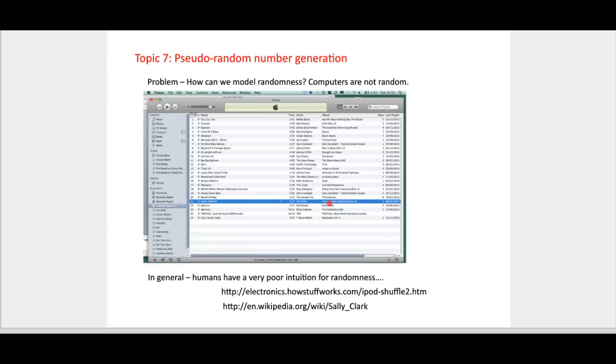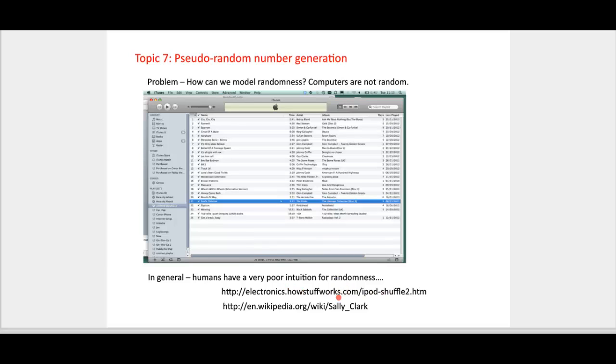That couldn't be random. And of course it is random, because that kind of structure appears all the time in everyday life. There are coincidences. You see people that you didn't expect to see. It would be very strange if you didn't have that kind of structure appearing randomly. But people's intuition tells them that random means completely without order, and in actual fact, these little pockets of order appear. So this is one of the problems.